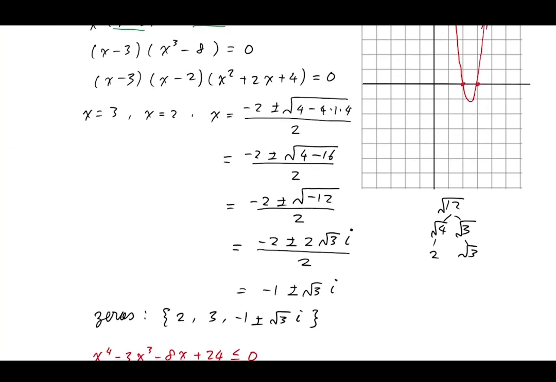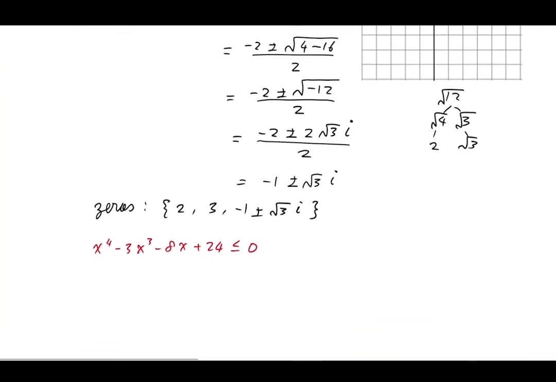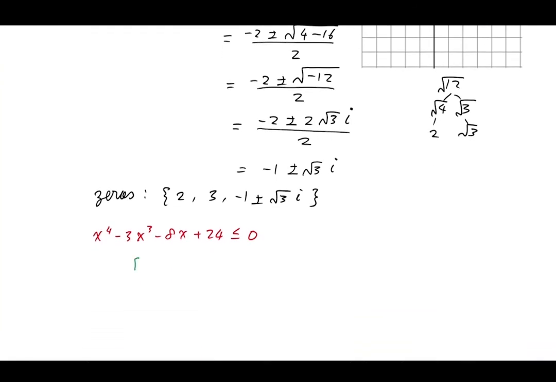So graphically, less than or equal to means the y value needs to be negative, so we're just taking this part right there. So as long as x is between 2 and 3, I'm good. So that should be between 2 and 3, and that's it.